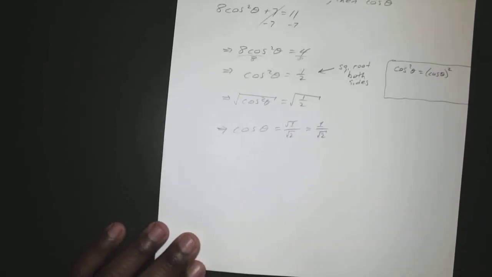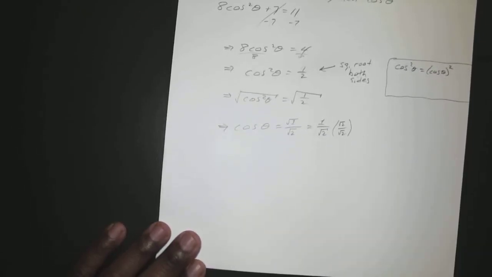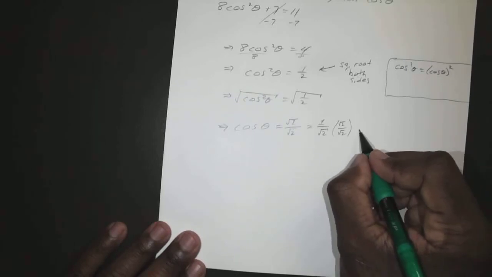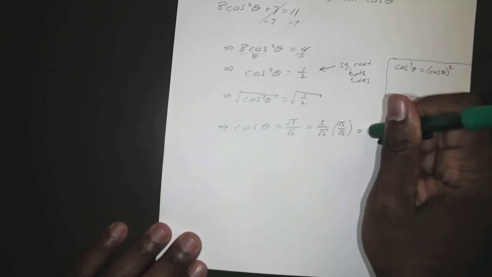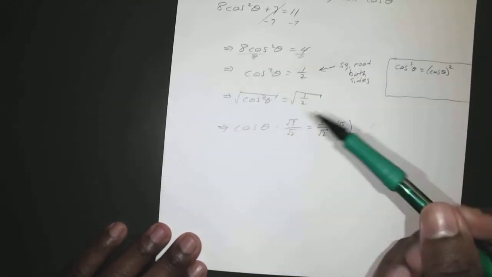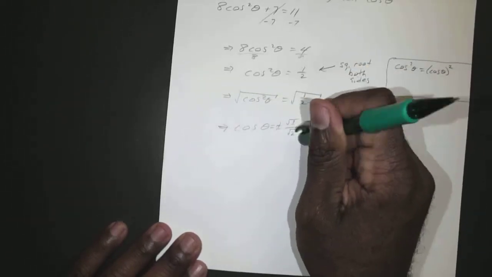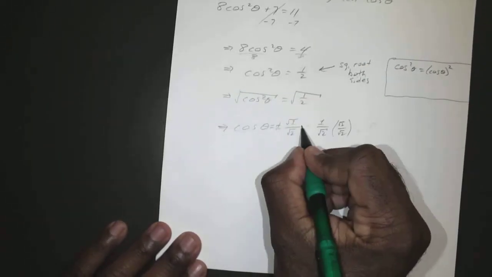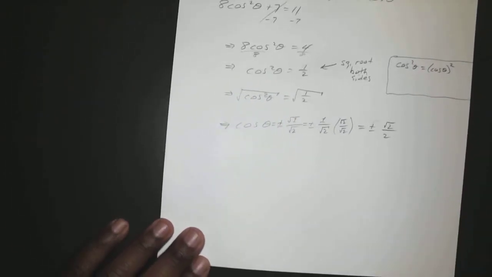So if we rationalize our denominator, multiply by square root of 2 over square root of 2, we have square root of 2, well, plus or minus, forgot that part. So it should equal plus or minus square root of 2 over 2.